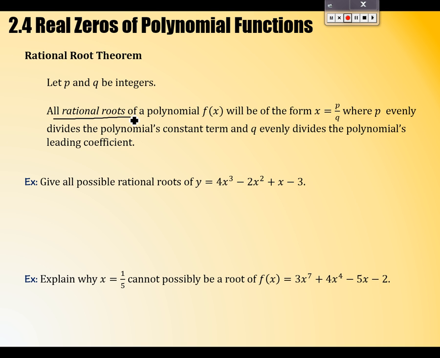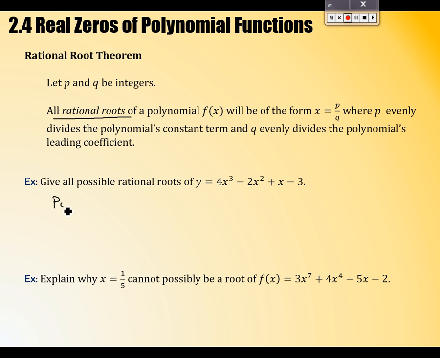If it has a root that's a rational number, then it must be of the form p over q, where p is an integer that divides the constant term, and q is an integer that divides the leading coefficient. That's what this says. I'm just reading it to you. So in particular, here's the list of possible numbers that could be rational roots of this polynomial.